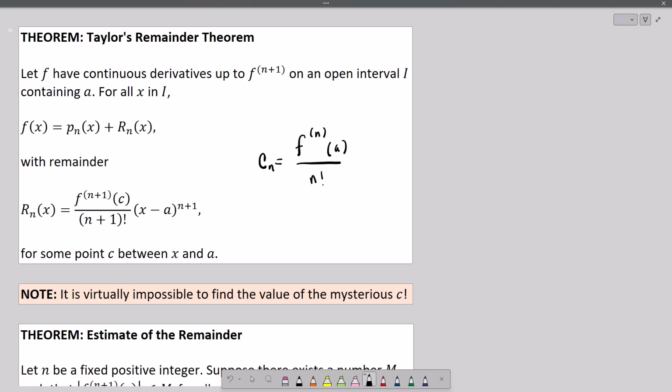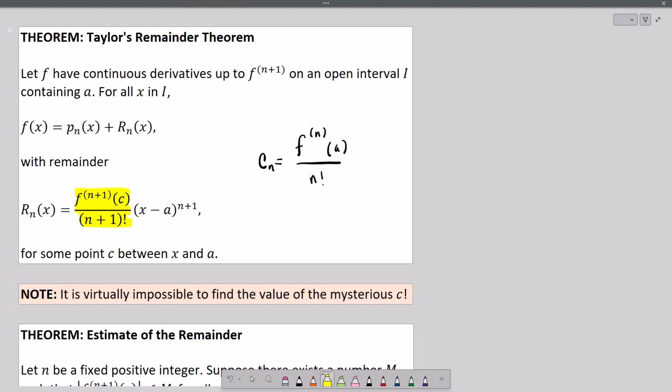That's the coefficient. And then the multiplication would be x minus a to the n. So when you look at this coefficient, can you tell me the only thing that's different between this coefficient and our general formula? Yes, it's just the next derivative.